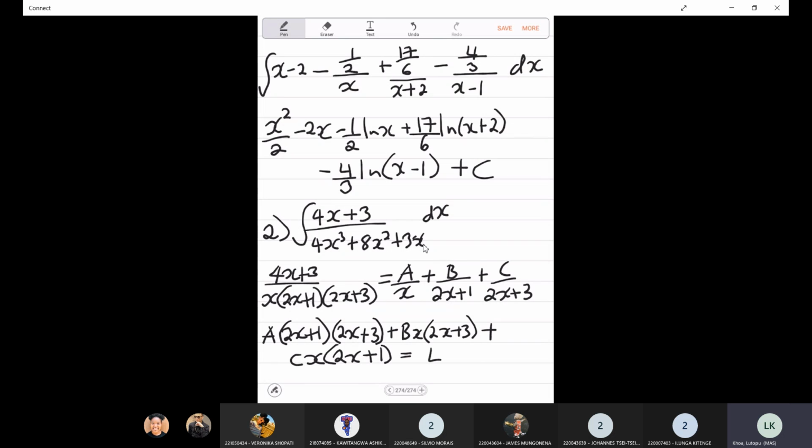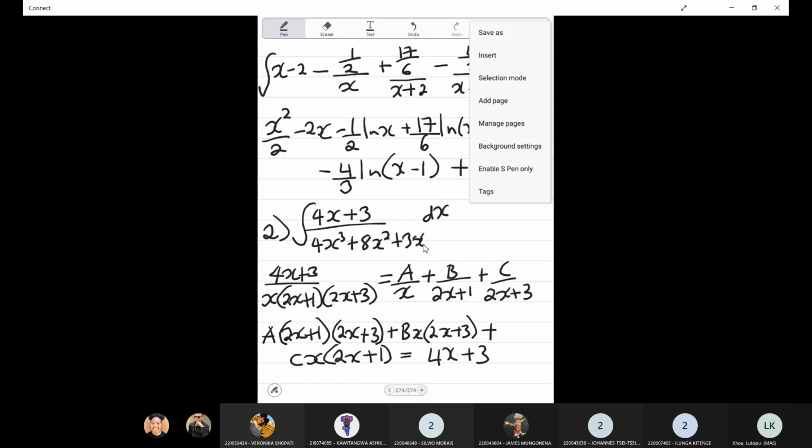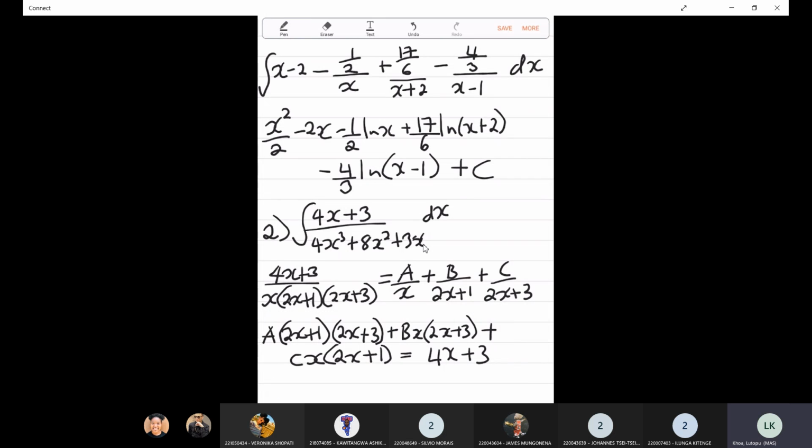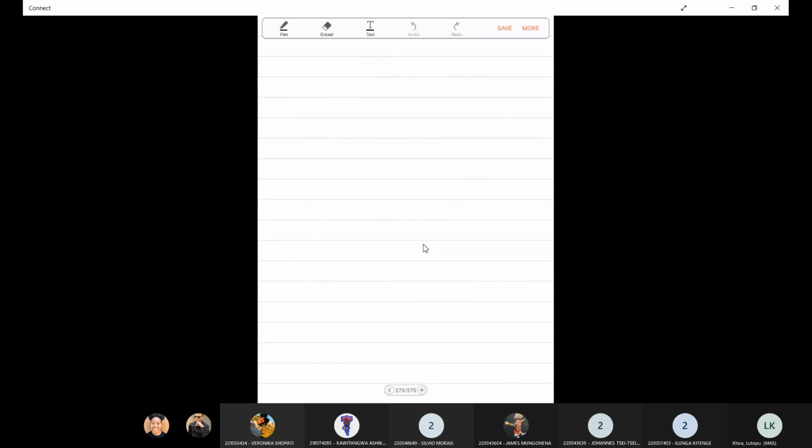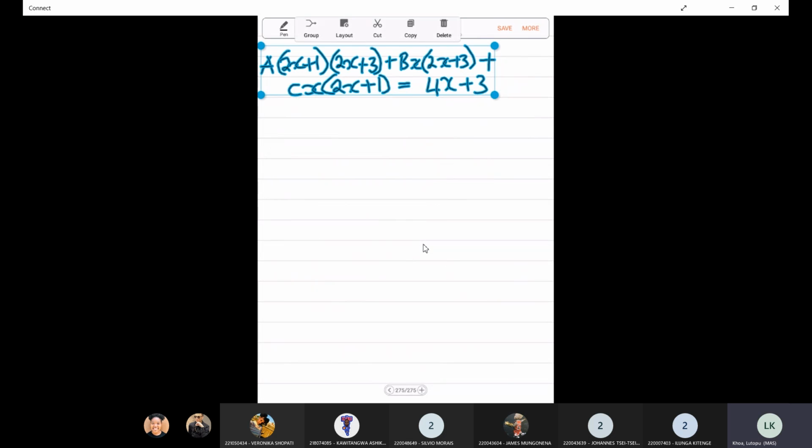This should be equal to 4x plus 3. Okay, so because all the factors are different, we can substitute some values of x.